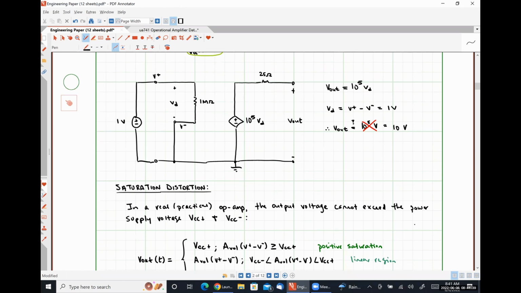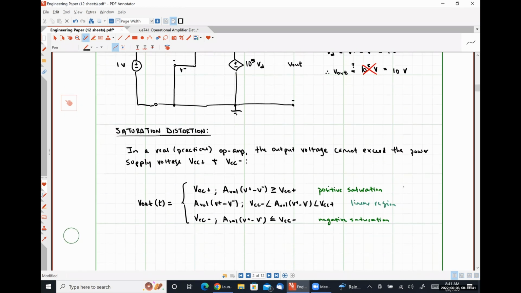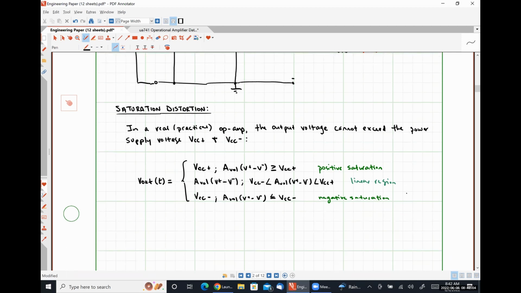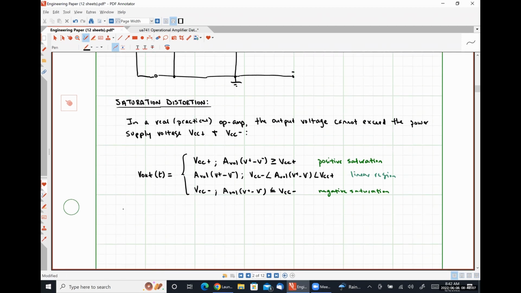So to me, this begs the question of what size of input signal could I actually use in this circuit to see linear amplification? And to get that, we're going to have to talk about very briefly what's called the linear range. Okay, so we can finish this down here on this page.